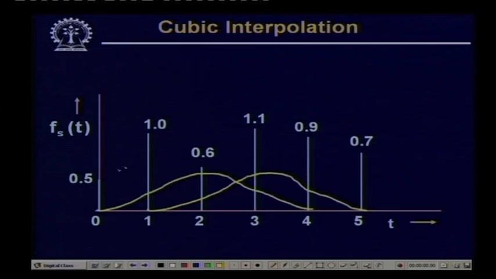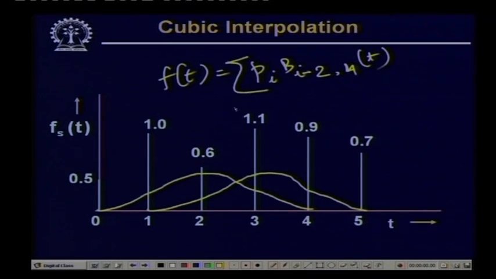So, the nature of the region of support will be something like this, and again by using the same formulation, that is F t is equal to P I B I minus 2 in this particular case into k, value of k is equal to 4 t, I can find out, and taking the summation for I equal to 0 to n, I can find out what will be the value of F t for any particular time instant t or any arbitrary time instant t.